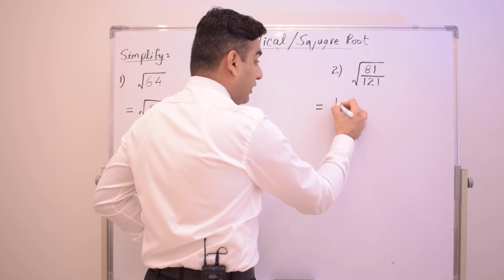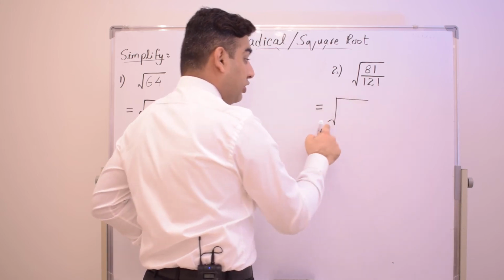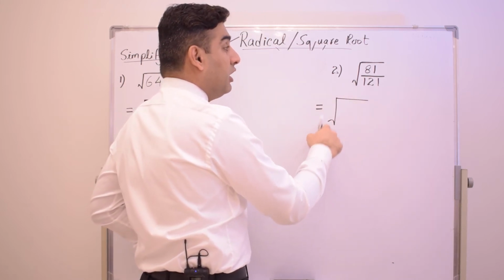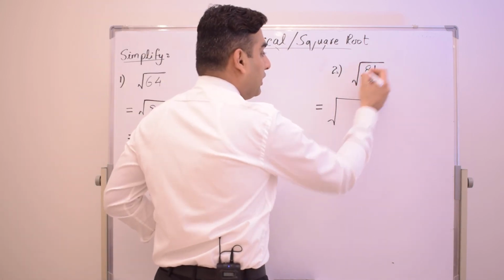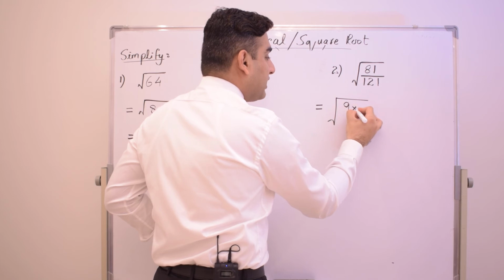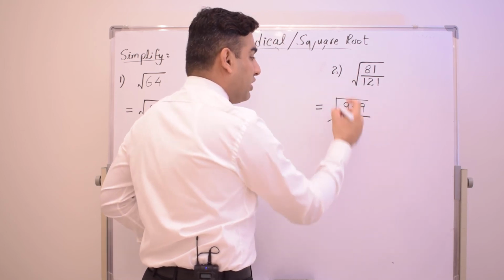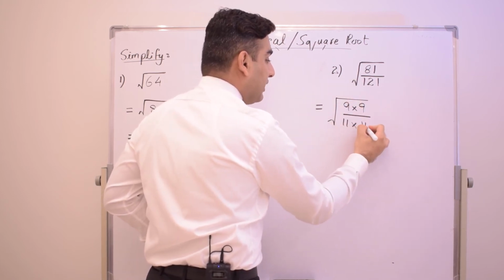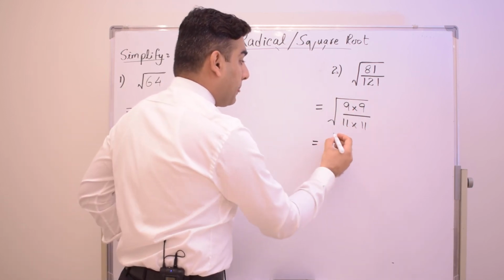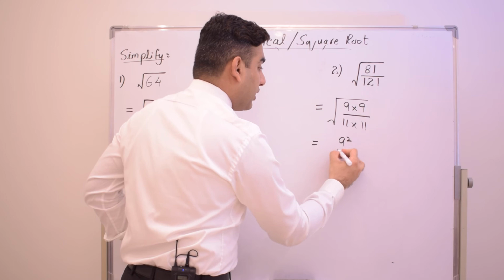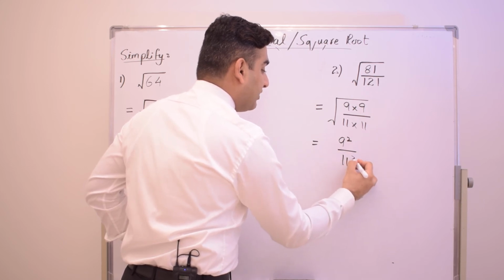And one more thing, this radical symbol you can distribute among the numerator and denominator too. I'll show you how. 81 I can write as 9 times 9, and 121 is 11 times 11. So this is now 9 square, and this is 11 square.